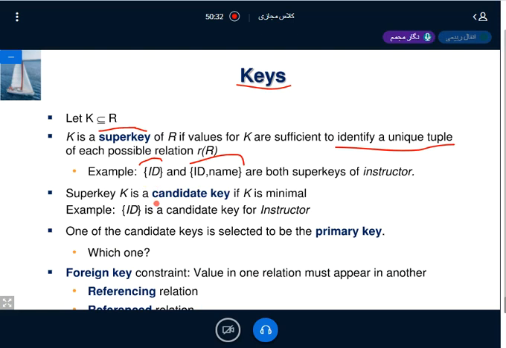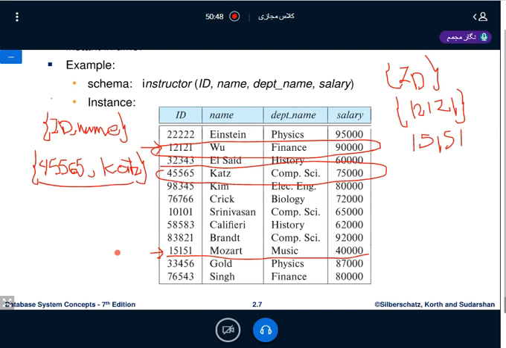And the other term is candidate key. What is a candidate key? A candidate key is a super key that is minimal. What does it mean? For example, we have ID and name, and ID and name is a super key. If I omit the name, I can still find a unique tuple with only the ID.